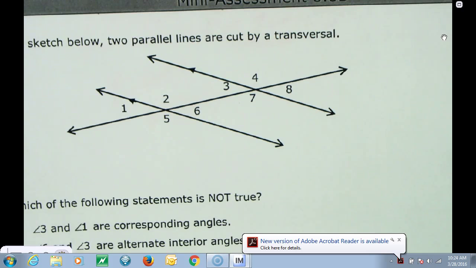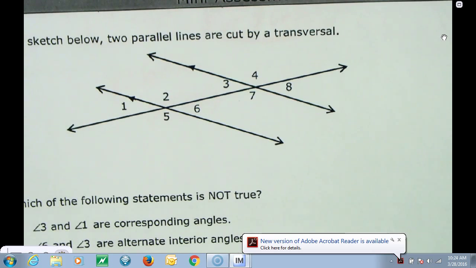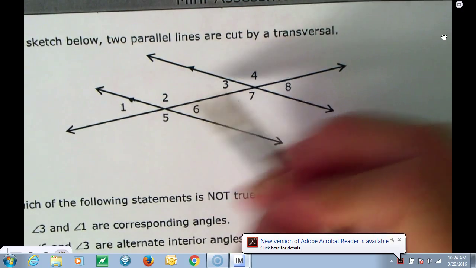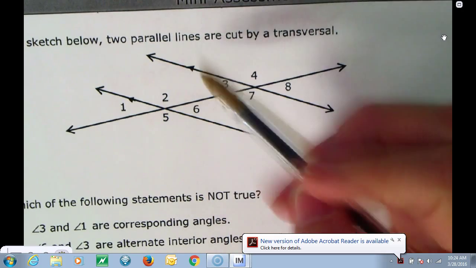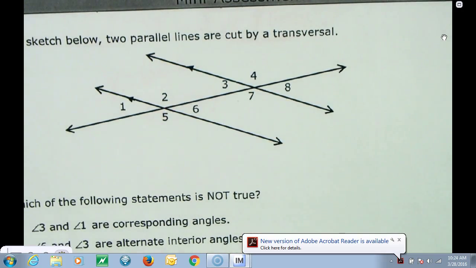Supplementary, David, adds up to 180. They're not congruent unless they're two right angles. And these aren't right. 3 and 7 or 3 and 4 or 3 and 2. What are 3 and 2 called? Same side interior. 3 and 2 are supplementary. They're not congruent, but they add to 180.